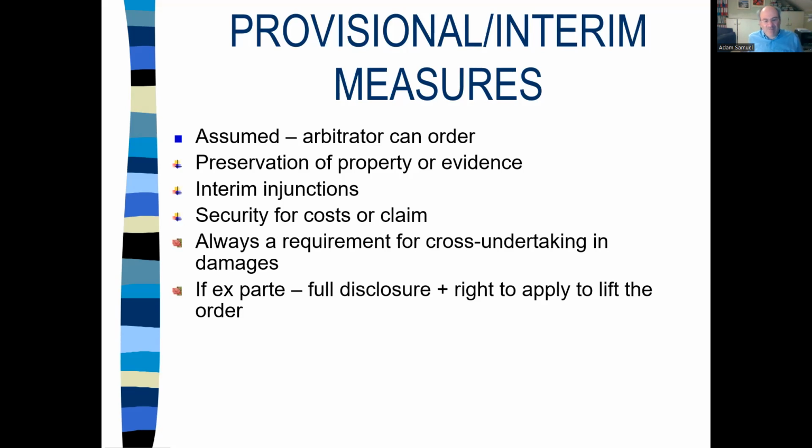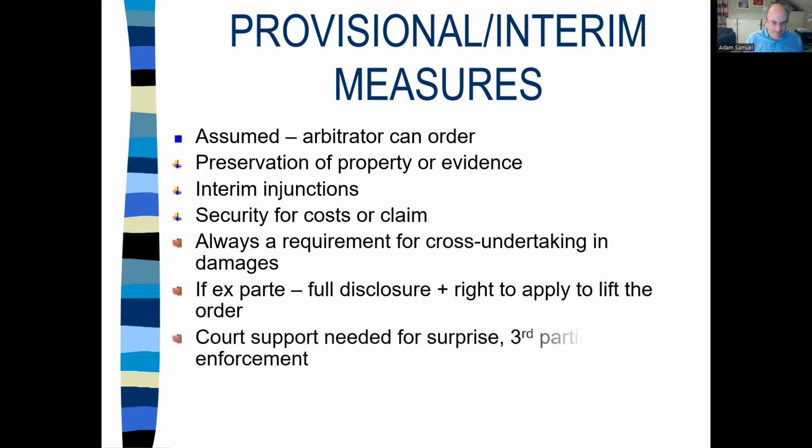If you're applying without notice to the other side, you're applying ex parte, you are required to give full disclosure, and the tribunal will always give a right to the other side to apply immediately to lift the order. With all interim measures, there's the option to apply to lift an order, but with the inter partes ones, where both parties are involved, there's usually a more sensible timetable.